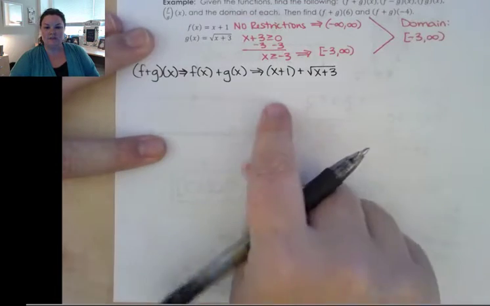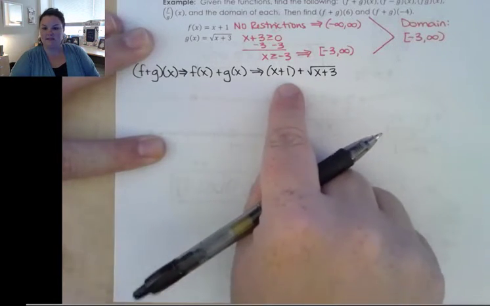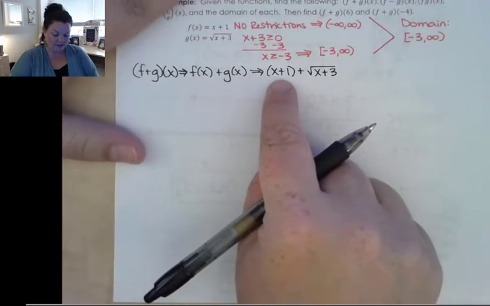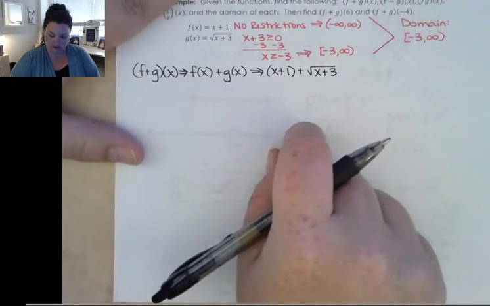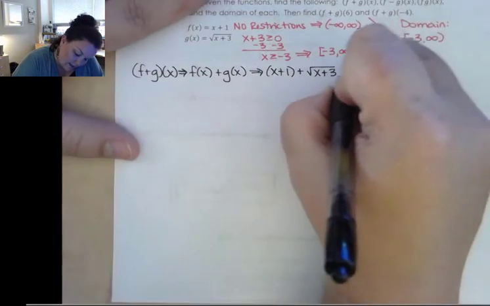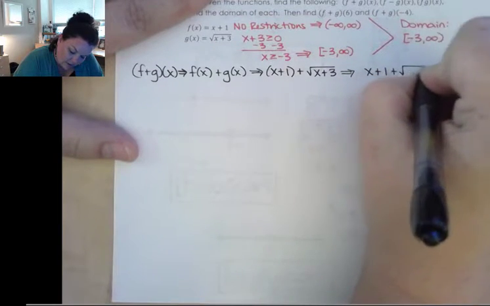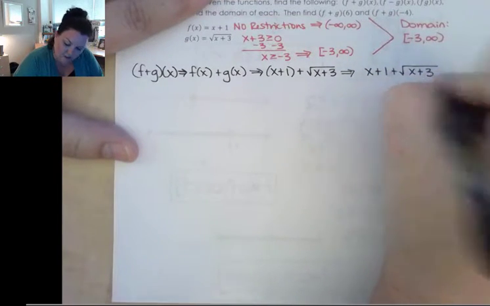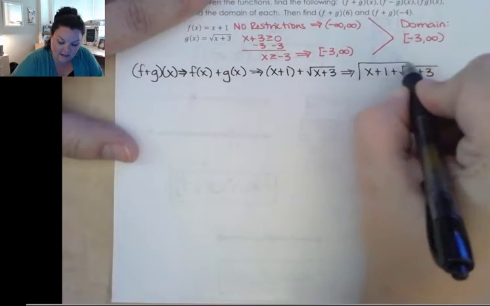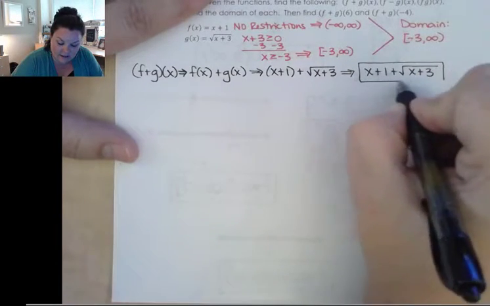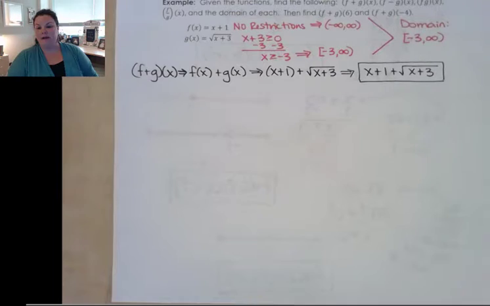So notice there's nothing outside my parentheses that's being done to this x plus 1, so I can just drop them. That gives me x plus 1 plus the square root of x plus 3. I don't have any like terms, so this is my new function.